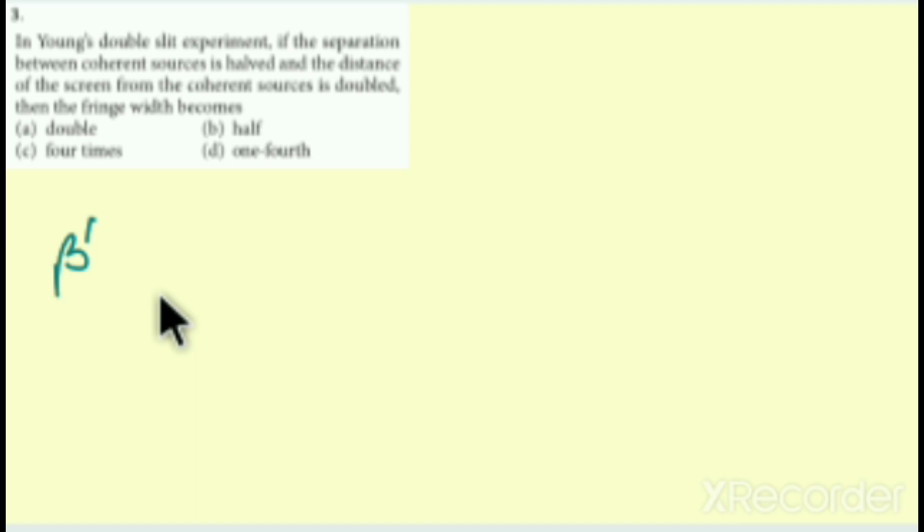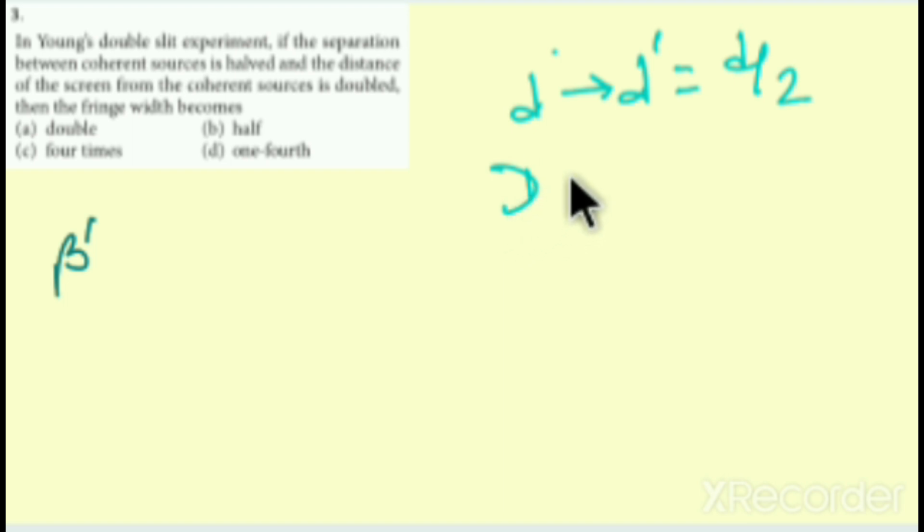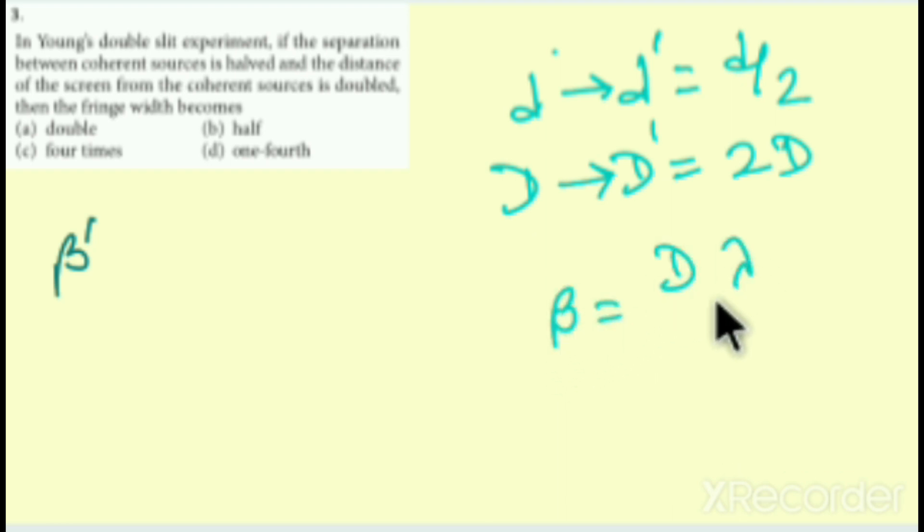What will the fringe width be if in our question small d becomes half, that is d prime will be d by 2, and the capital D, the distance from the screen, becomes D prime equal to 2D. We know that the fringe width beta is equal to D lambda by d, where lambda is the wavelength.